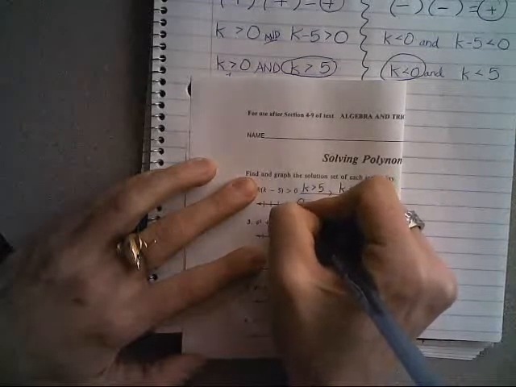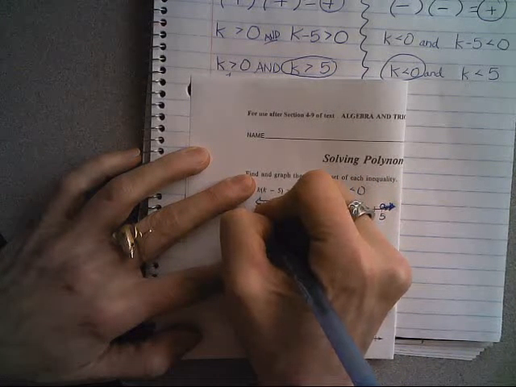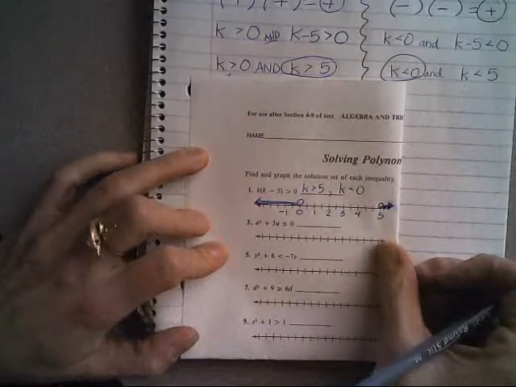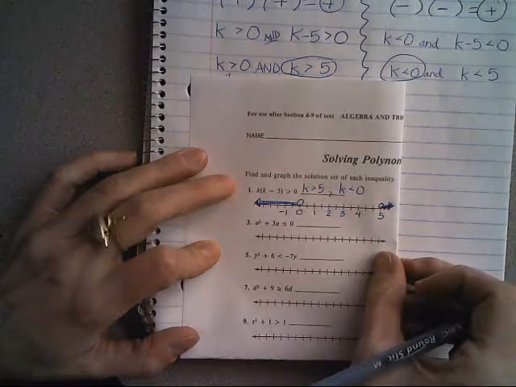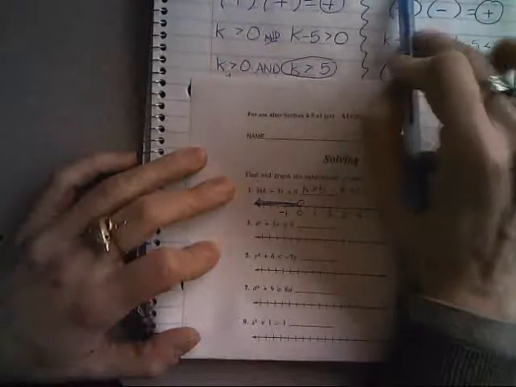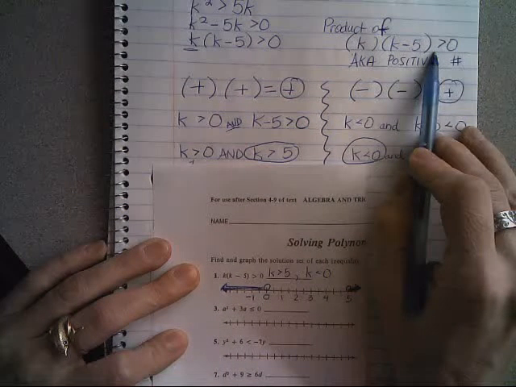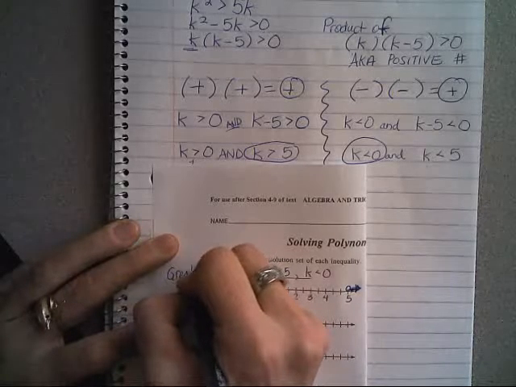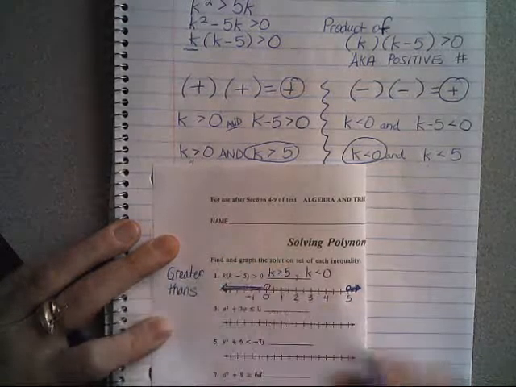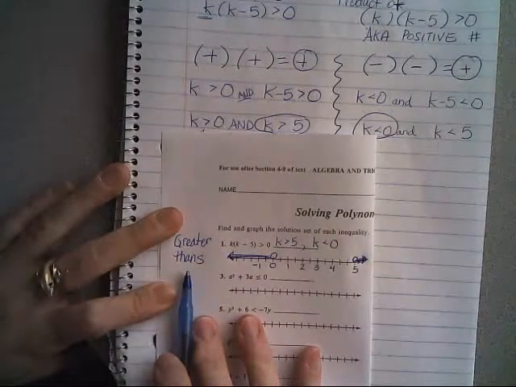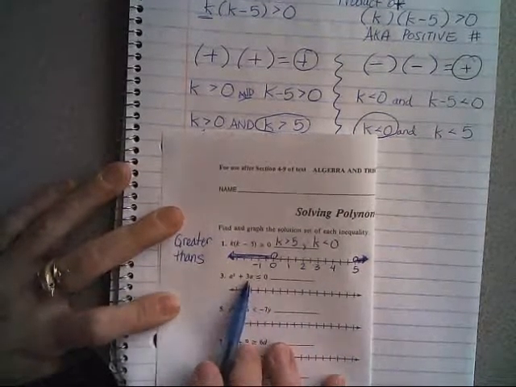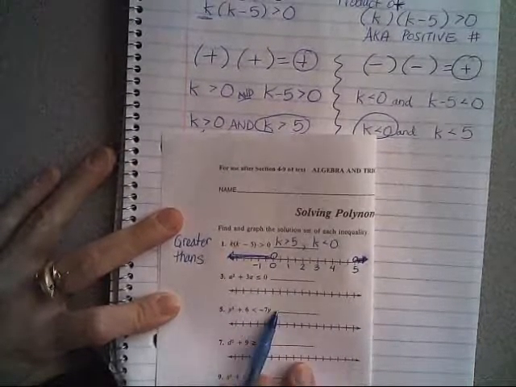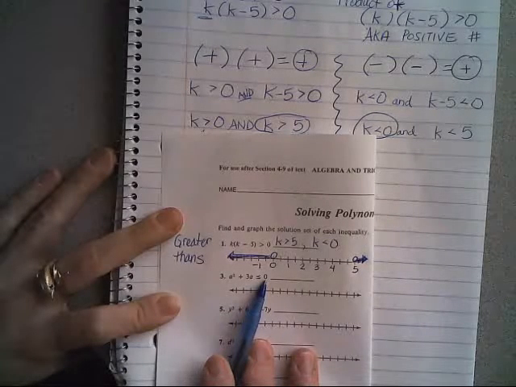Less than 0: open circle, shade to the left. So this is an example of your components being greater than 0. This is greater thans. Number 3 is less thans, less than or equal to, which just means we're going to have solid circles.